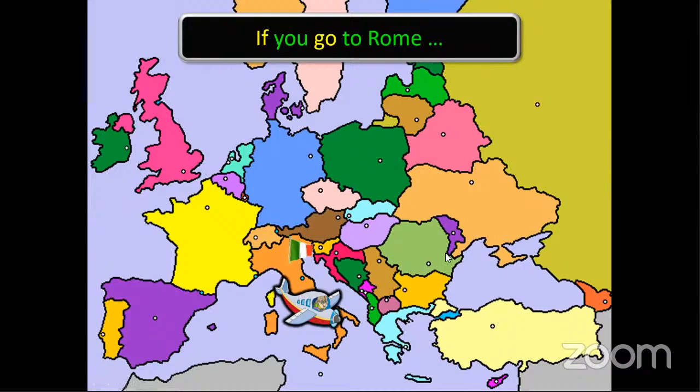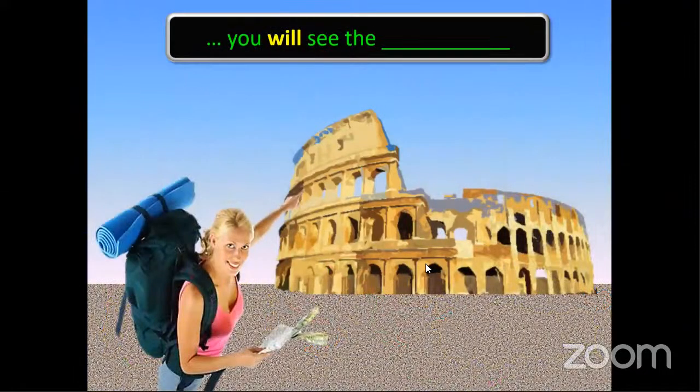Look at this one. If you go to Rome, it's a condition. Si vas a Roma. If you go to Rome, you will see the Colosseum. This is a consequence.